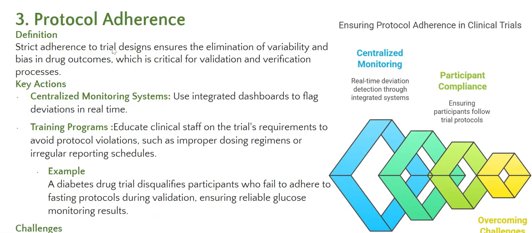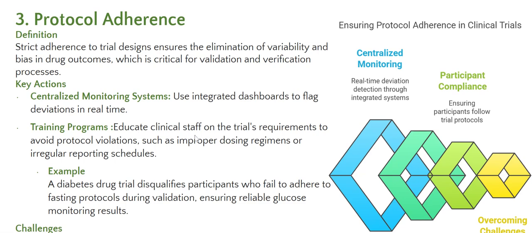Protocol adherence. Definition: strict adherence to trial designs ensures the elimination of variability and bias in drug outcomes, which is critical for validation and verification processes. The key actions here for protocol adherence: centralized monitoring systems use integrated dashboards to flag deviations in real time.